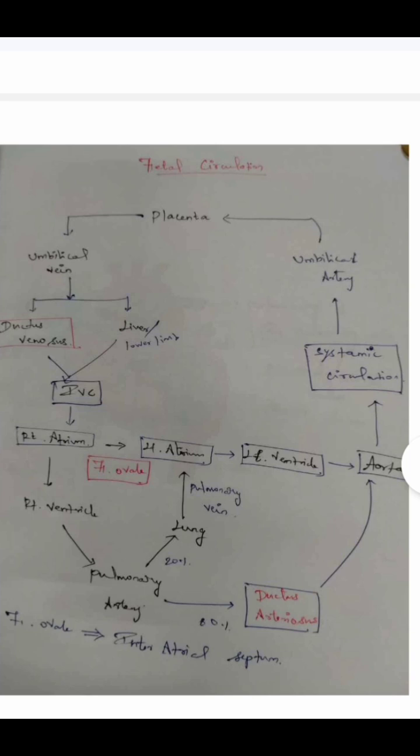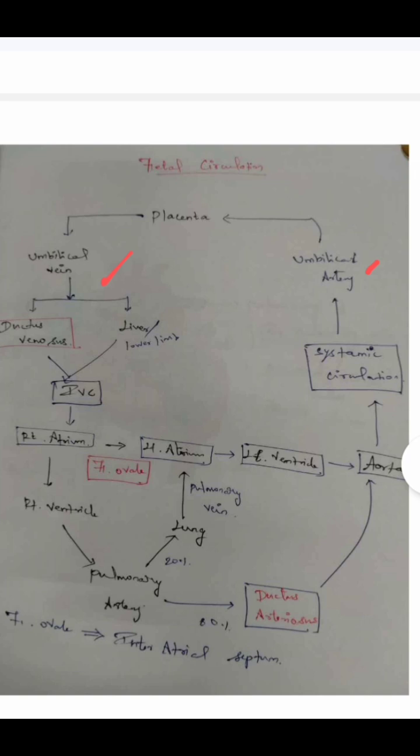We already know the fetus gets nutrition, oxygen and blood from the mother through the placenta. The placenta contains the umbilical cord. It is the connection between the mother and fetus. The umbilical cord contains one umbilical vein and two umbilical arteries.